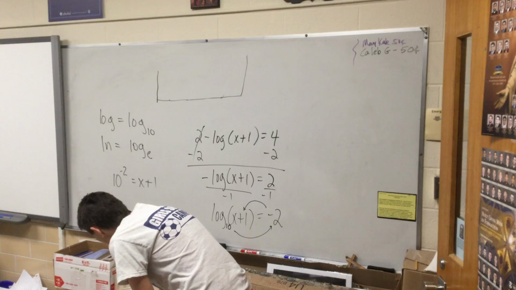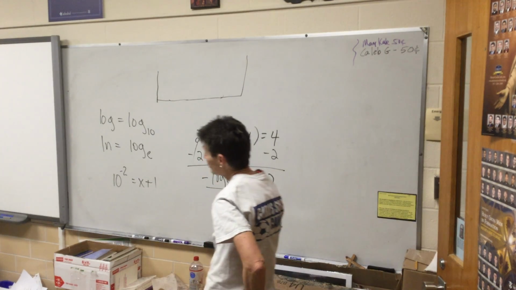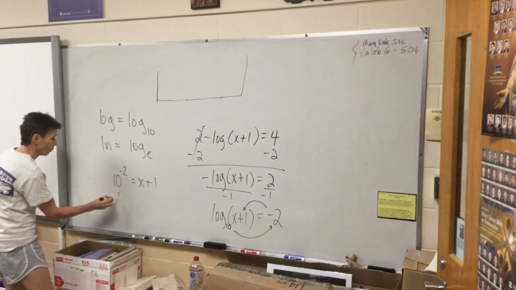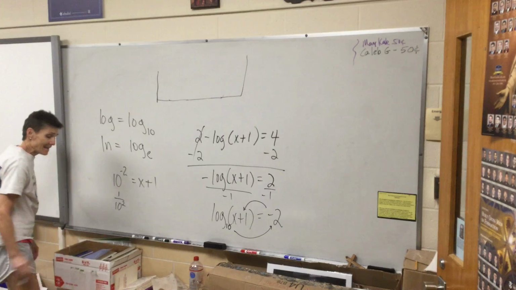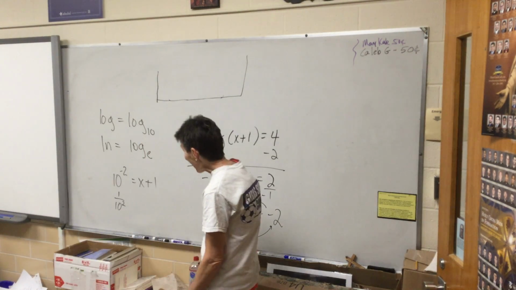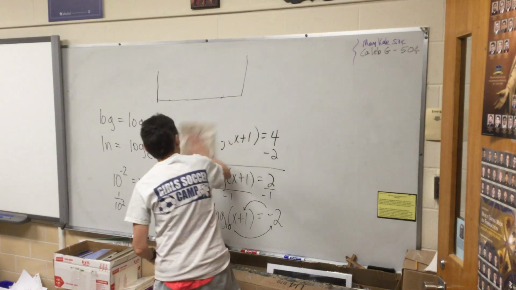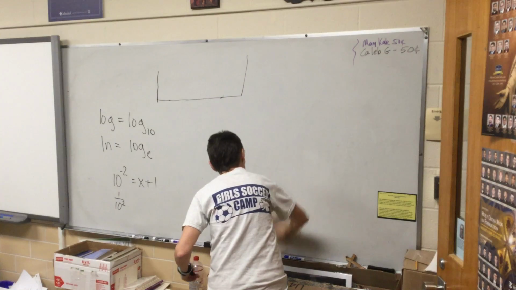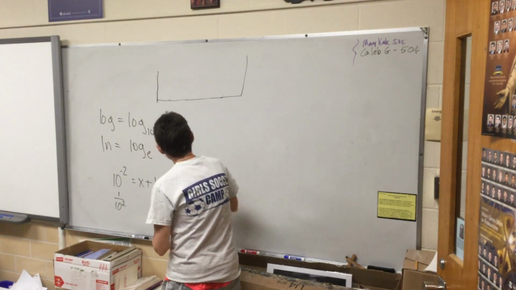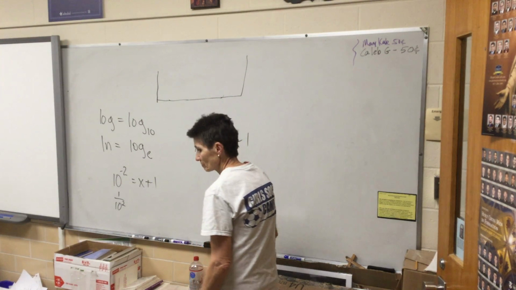Is it negative 100? No, it's got 100 in it, but it's not negative 100. Remember, negative exponents mean 1 over. So it's actually 1 over 100. So 1 over 100 equals x plus 1.